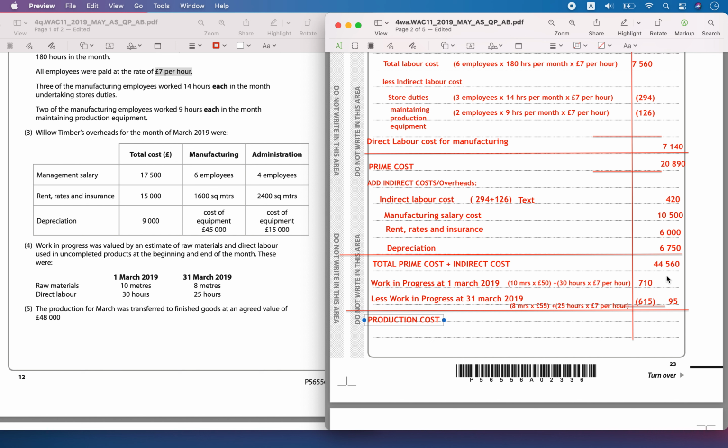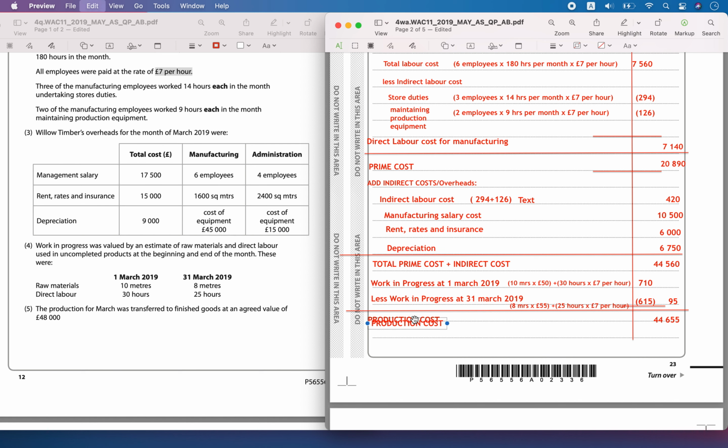So the total production cost is 44560 plus 95, that is 44655. That's the total production cost.